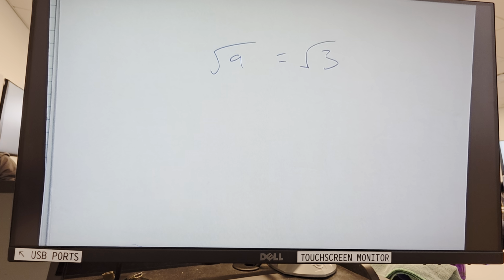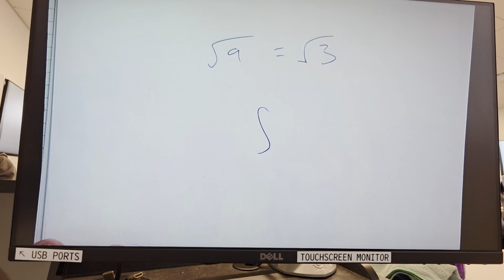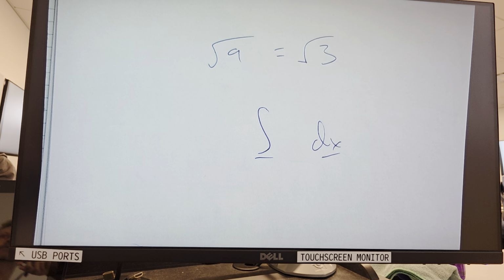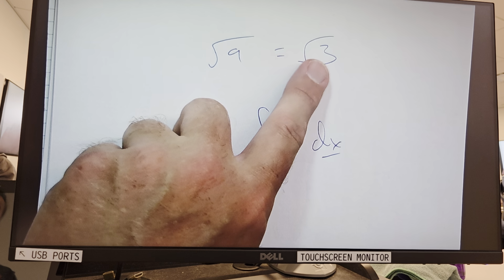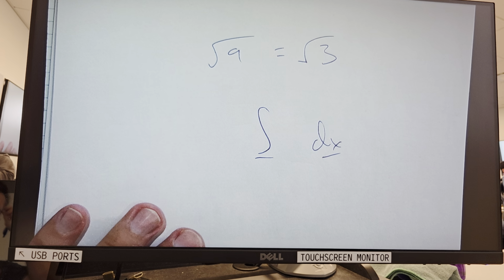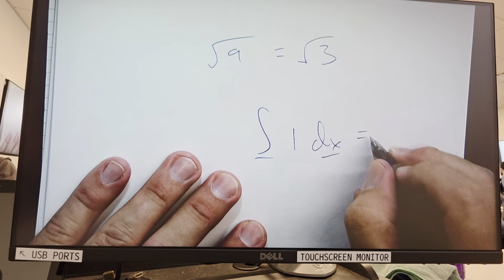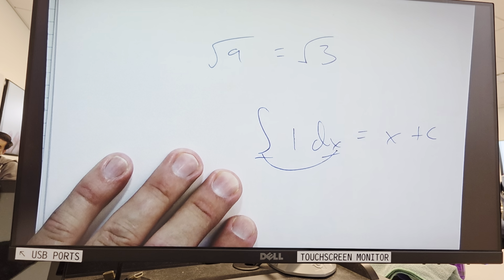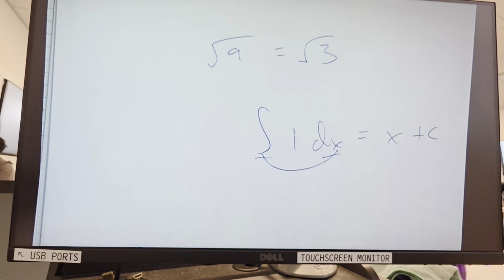Now, here's the trippy thing about integrals. That is not the integral symbol. This is the integral symbol. So what happens to a symbol once you've done what it wants you to do? It goes away. So what's the integral of 1 dx? x. These both go away because they did their job.